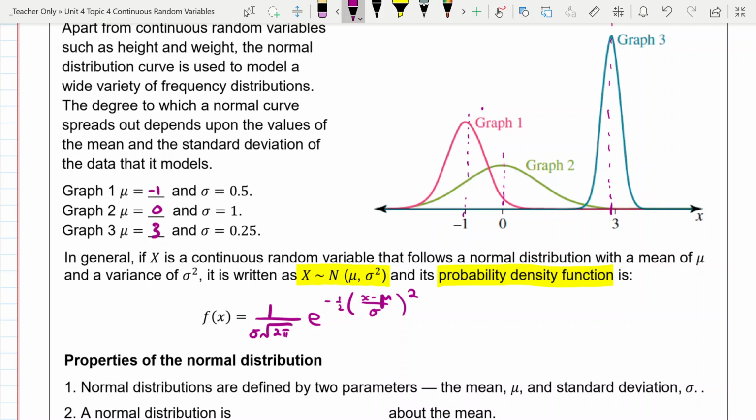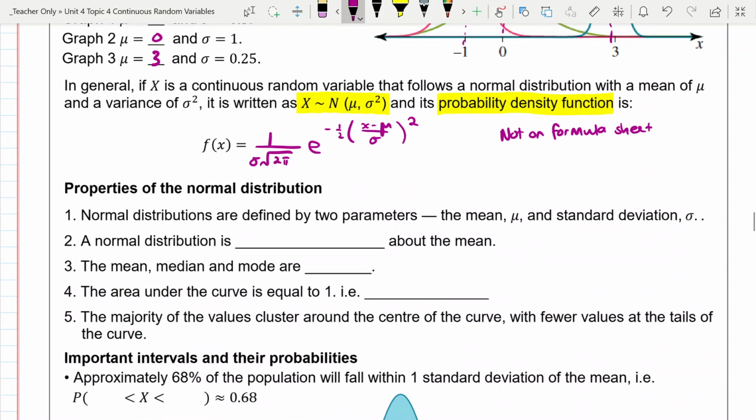This is not on your formula sheet, but you don't need to know it off by heart. What you do need is to be able to identify where you could read the sigma or the mu off of that formula.